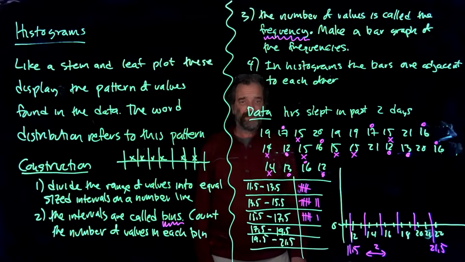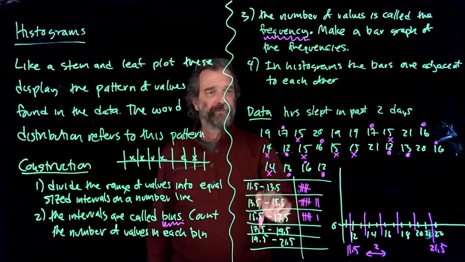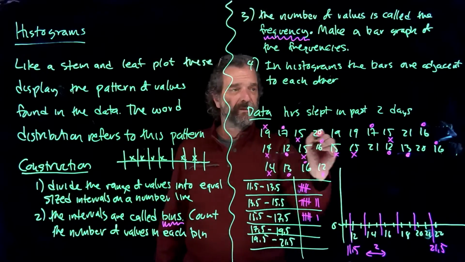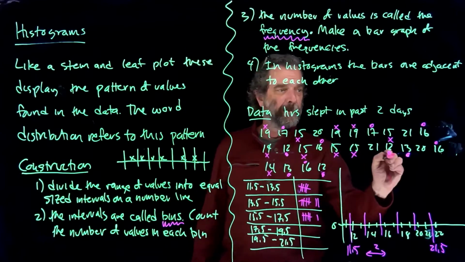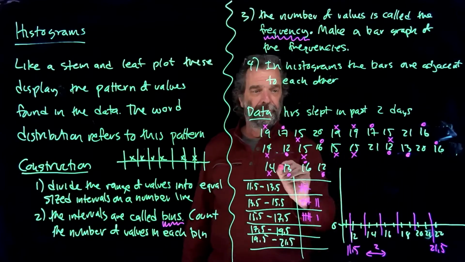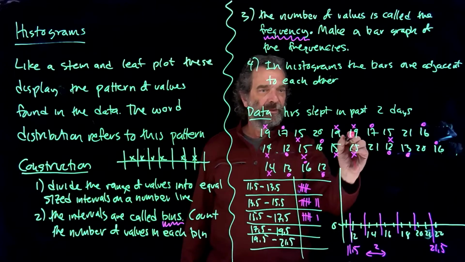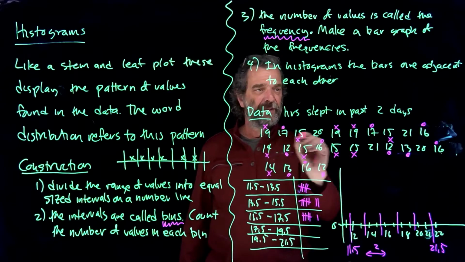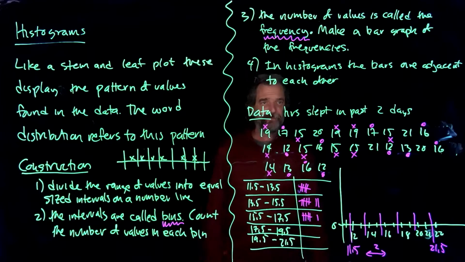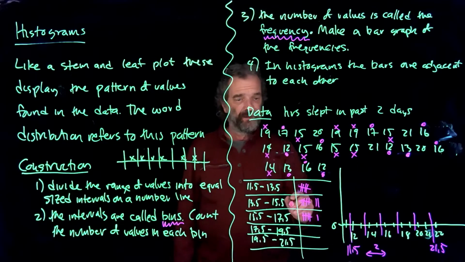Okay, and then this is 18 and 19 here. 1, 2, 3. There's only 18s. There's only 19s. 1, 2, 3. Any 18s? I don't see any. 3. Okay.